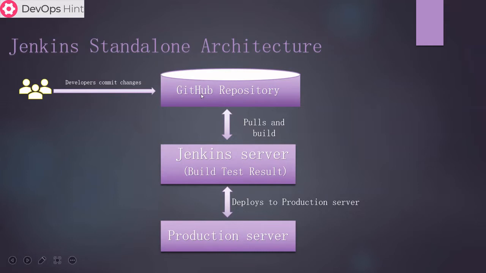We integrate GitHub and Jenkins, and we write the CI/CD pipeline code and all the environment details in the Jenkins server, and we deploy the code. So this is the standalone architecture of Jenkins.